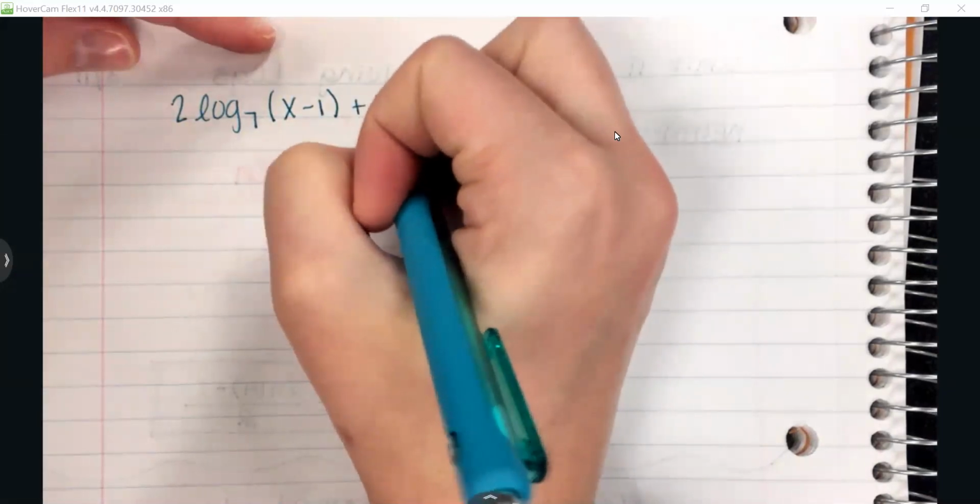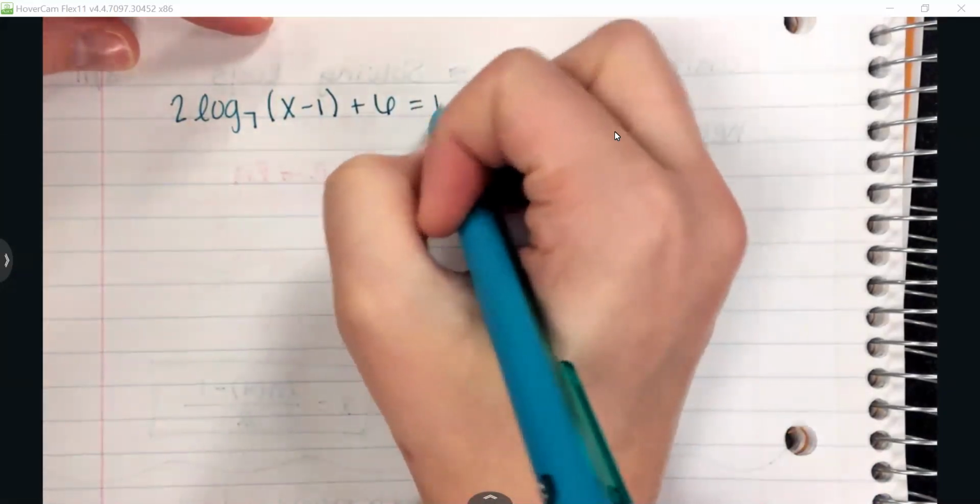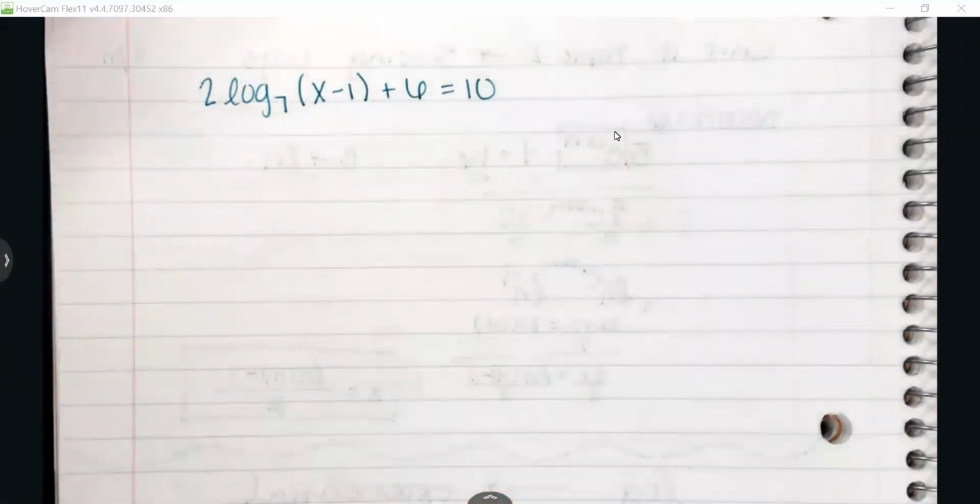2 log base 7 of x minus 1, plus 6 equals 10. Okay. So this log base 7 of x minus 1 is what I care about right now. Everything around it has to go away.